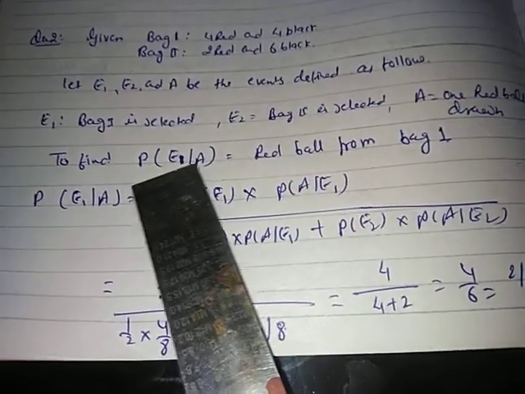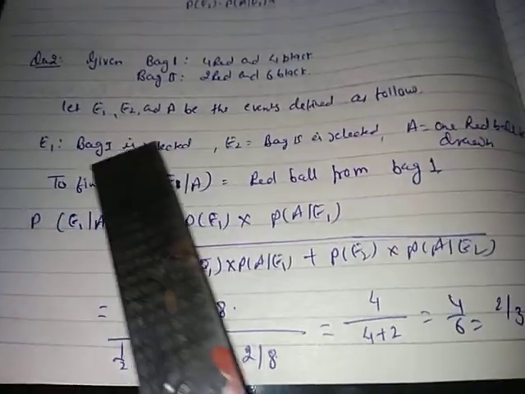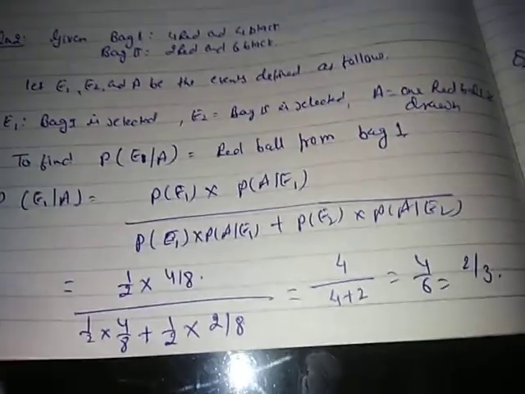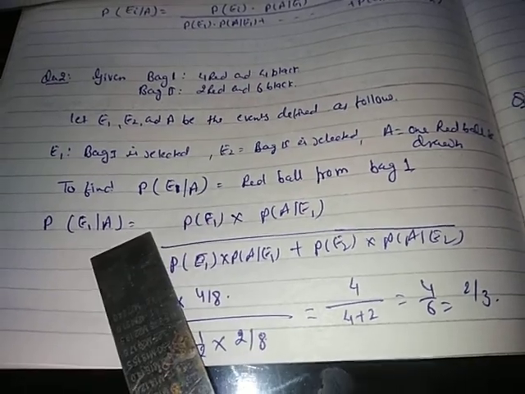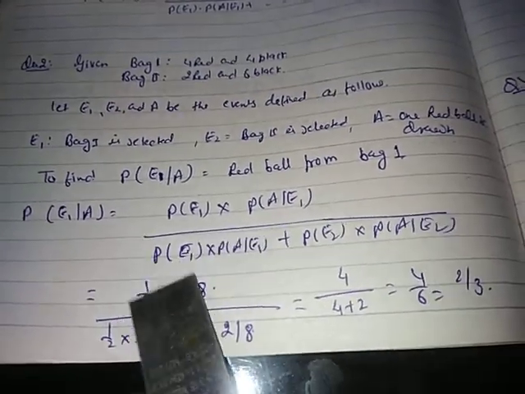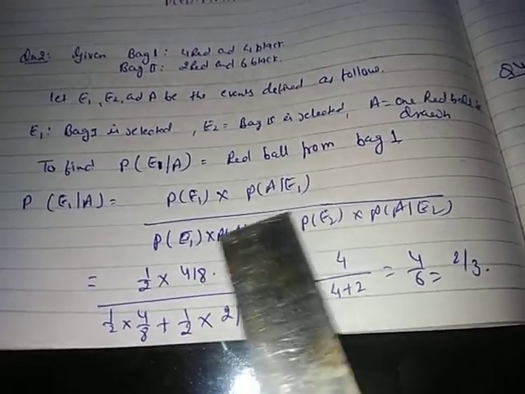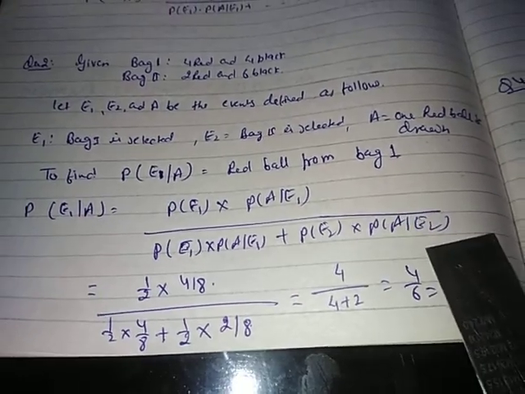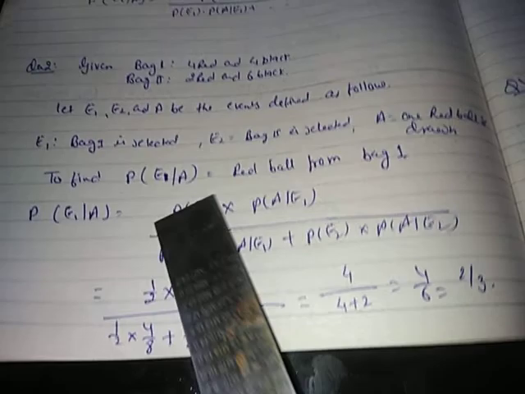Now we need to find E1 upon A, because the drawn ball should be from E1. So P of E1 upon A will be P of E1 into A by E1 upon the total of 2 options: P of E1 into A by E1 plus P of E2 into A by E2.